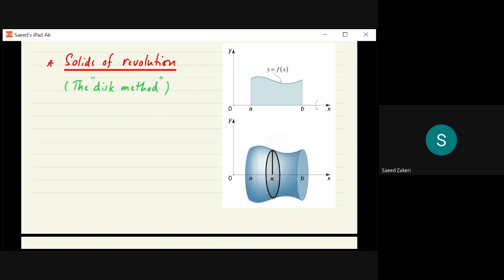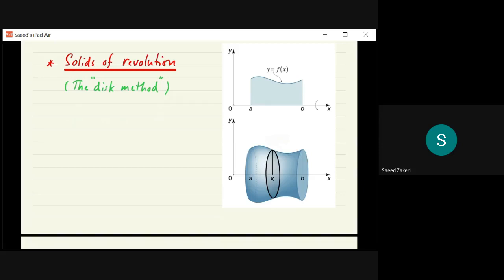These are solids obtained by taking some region in the plane, some axis in the plane, and revolving this region around this axis. Imagine that this is in three-dimensional space. You pick an axis, you take a piece of cardboard looking like this, and then you rotate this piece of cardboard around this axis. What you get is something like this. This is an example of a solid of revolution: a solid in space obtained by revolving some region around some axis.